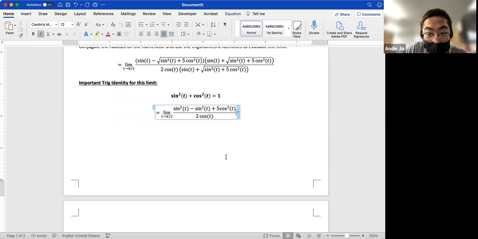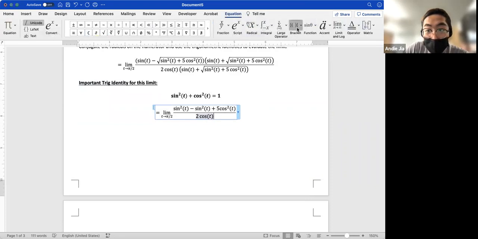We can rewrite the limit using those trig identities. Sine squared of t is 1 minus cosine squared of t. So you can have it as sine of t plus the radical of 1 minus cosine squared of t plus 5 cosine squared of t.